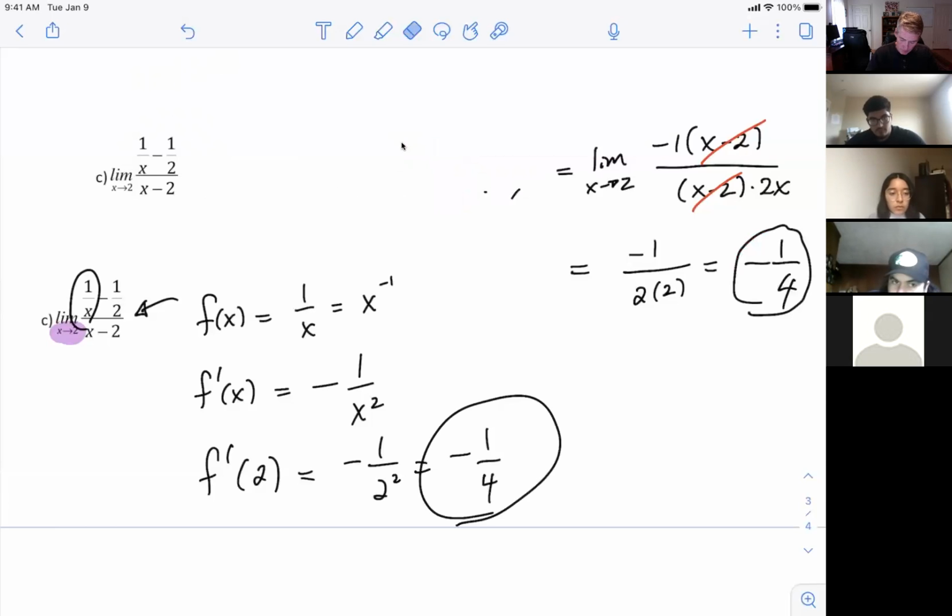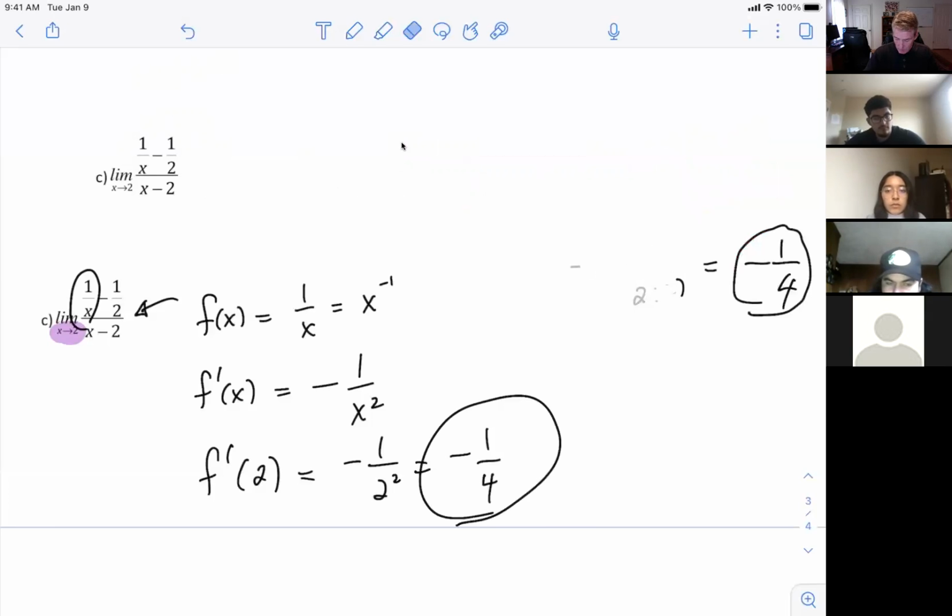Now I'm going to do it a third way. And this is something that all throughout math, it's one of my favorite things about math, is that you can do things in completely different ways, and yet you still end up with the same answer.